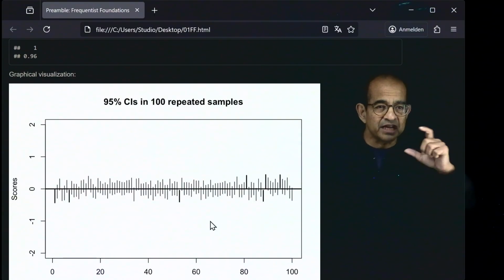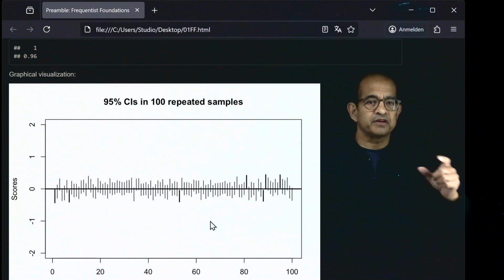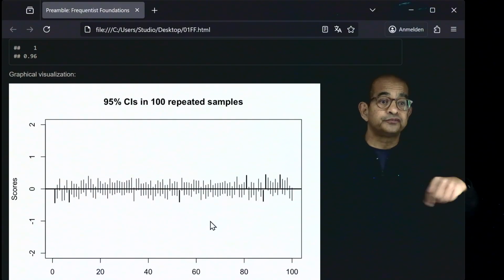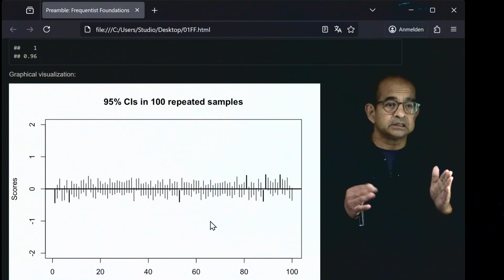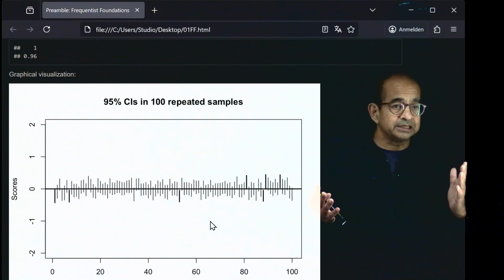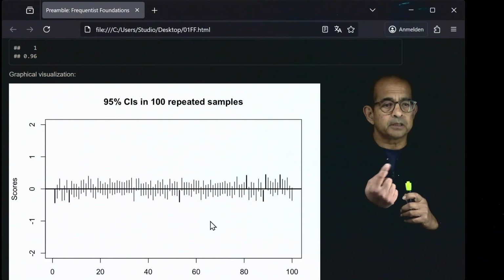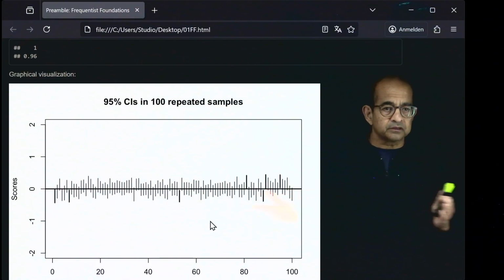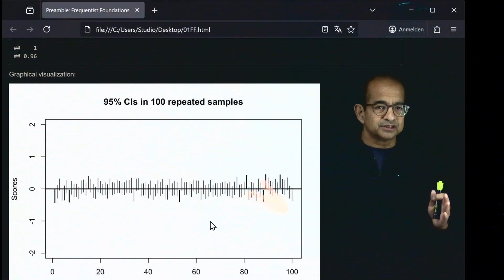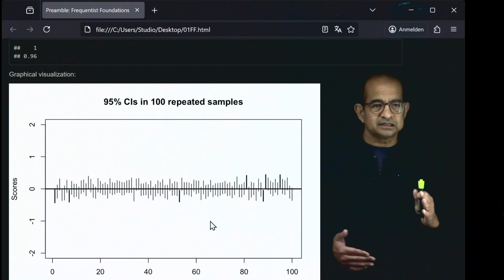The 95% in the 95% confidence interval refers to the property of the confidence interval under hypothetical repeated sampling. So when you do an experiment, you compute only one confidence interval. Now you don't know which one of these confidence intervals you've computed, right? Either it contains the true mean or it doesn't contain the true mean.